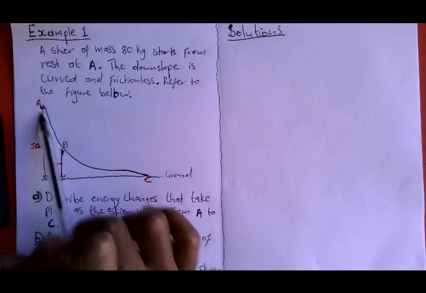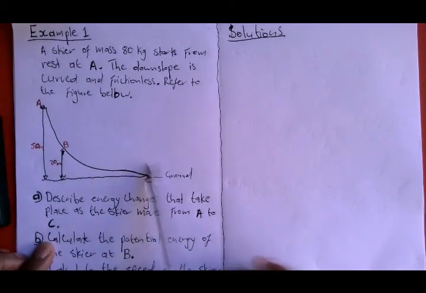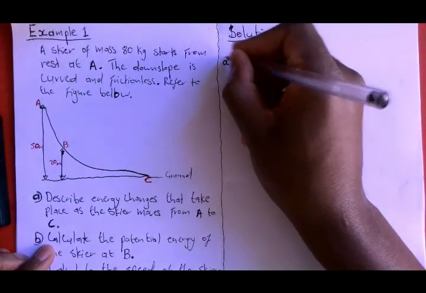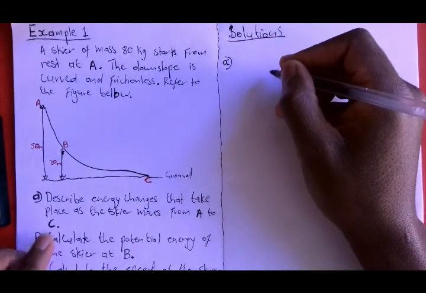From A to C, the movement is downward. So gravitational potential energy is converted into kinetic energy.